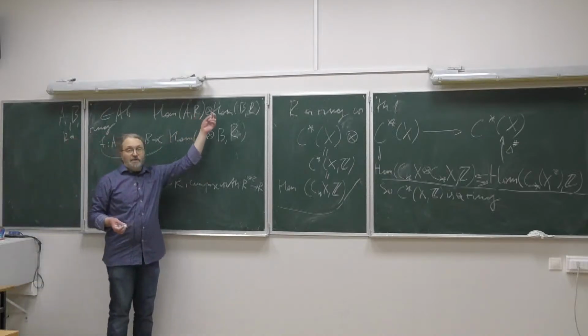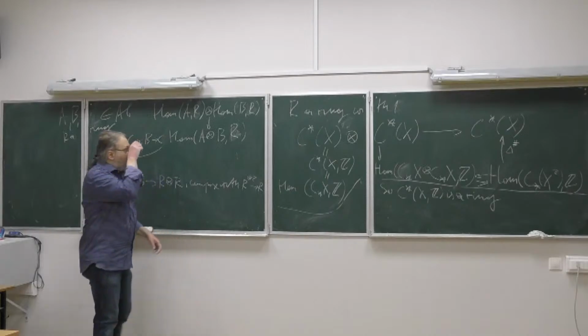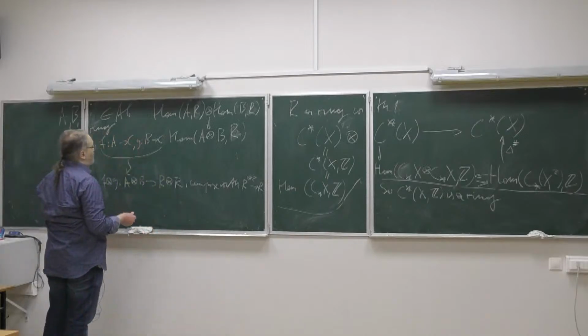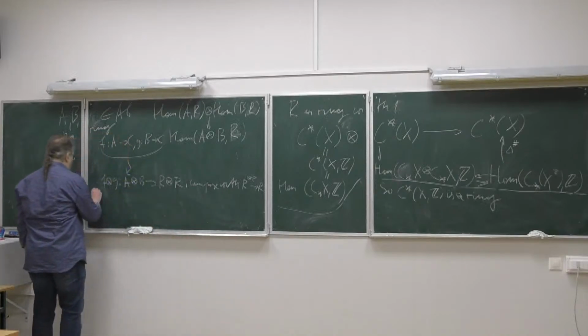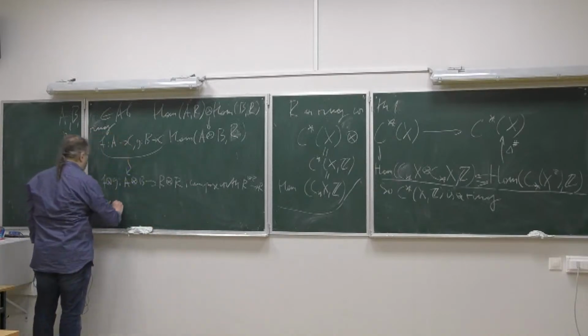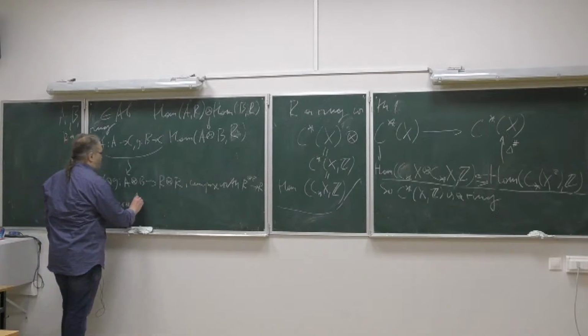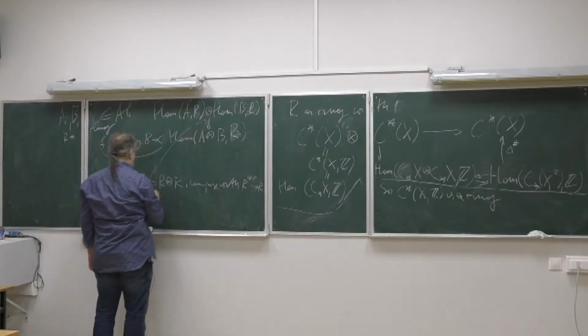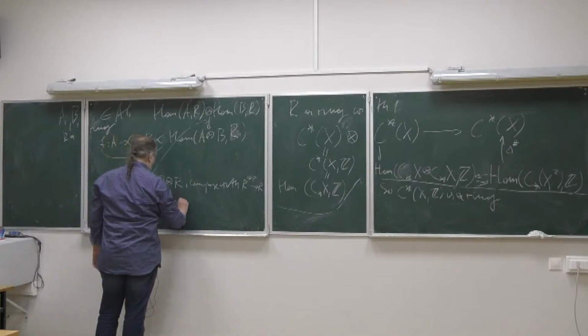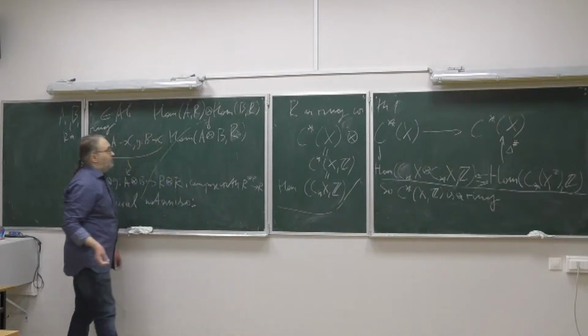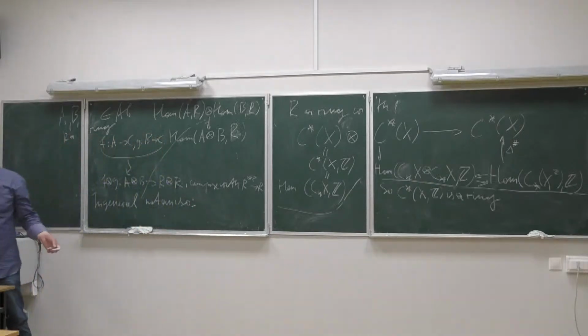Now, this map is in general not an isomorphism. Can anyone give me an example, even if A and B are both free?